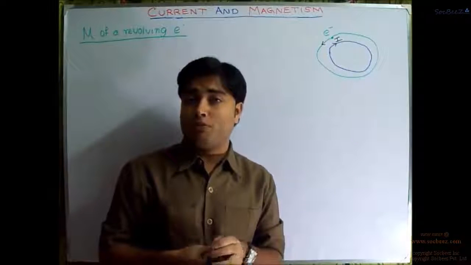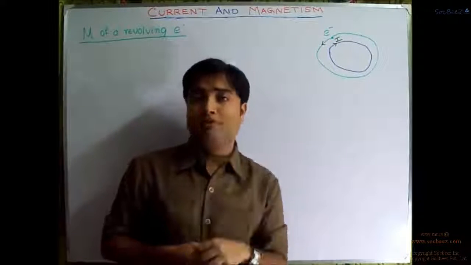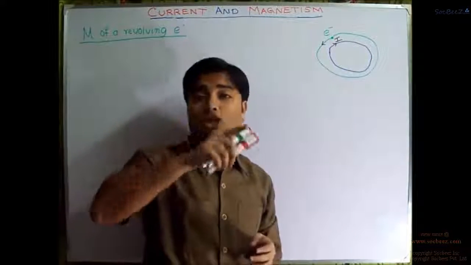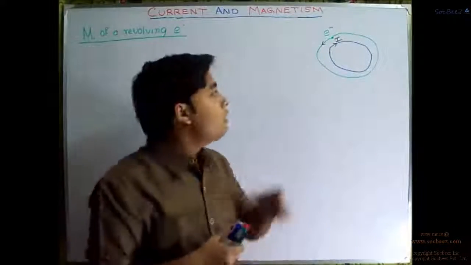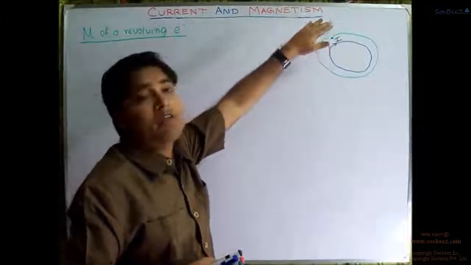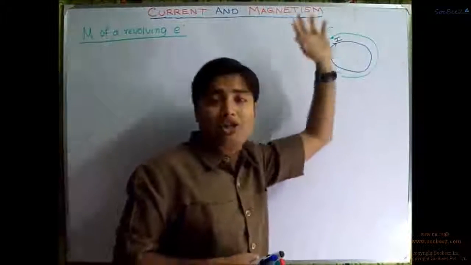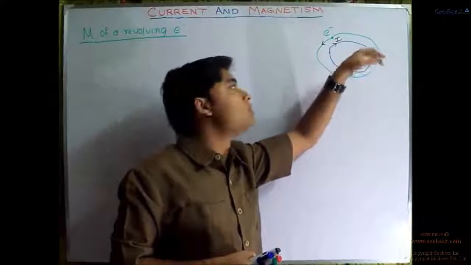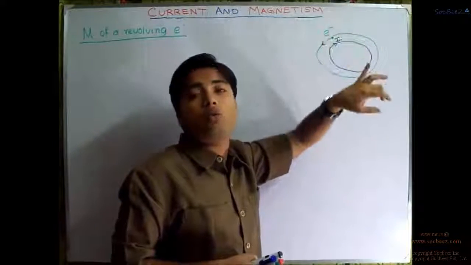So the electron moves from the negative end to the positive, whereas I moves from the positive end to the negative end. From that we can conclude that if the electron is revolving counterclockwise, the I that will be produced will be in the clockwise direction.